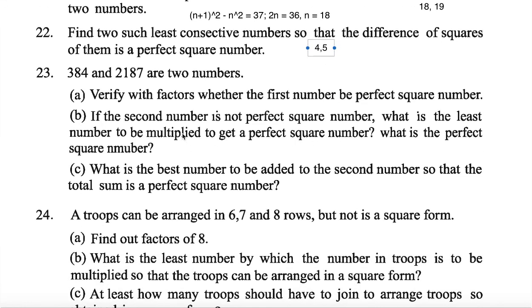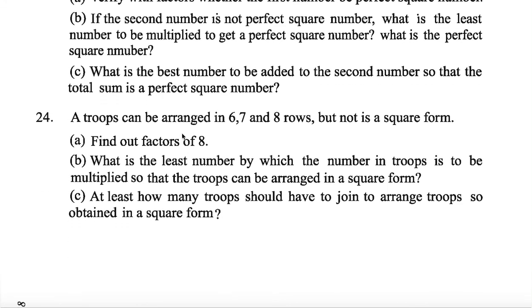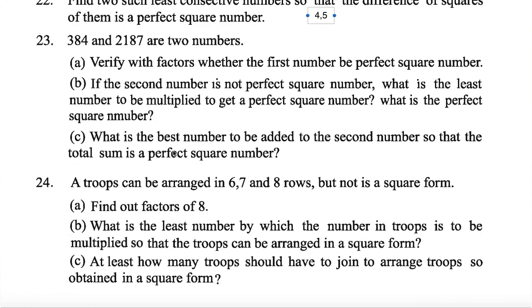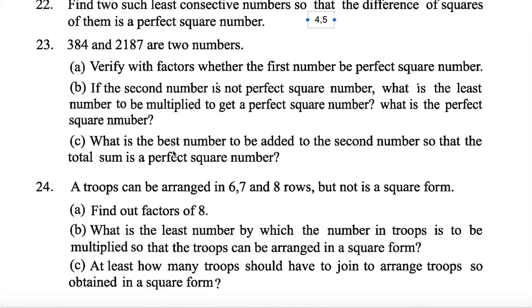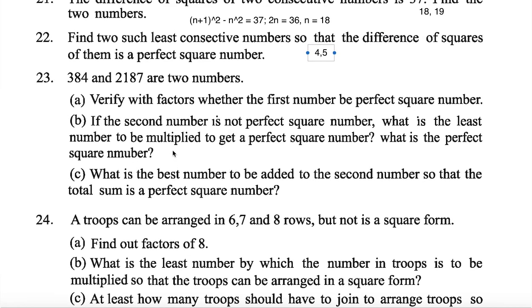384 and 2187 are two numbers. Verify with factors whether the first number is a perfect square number. Factors you can find, right? 384, 2 into 192, like that. I hope that is not a perfect square, because you can assert the reason after doing the prime factorization. 2187, is it a perfect square?